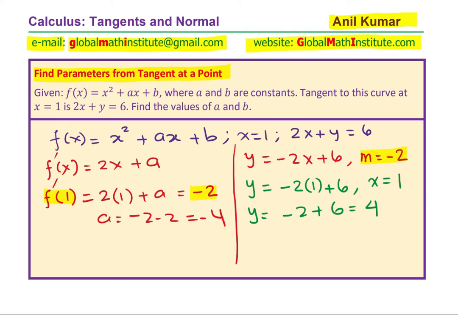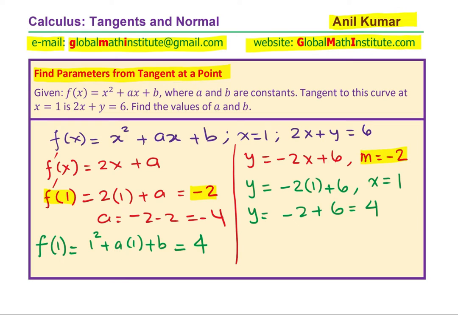So that means the function at 1 should be equal to 1 square plus a times 1 plus b. And the value of the function is the output 4, right? You see how we have related this equation. Connecting like this helps us to understand and also get the solution.